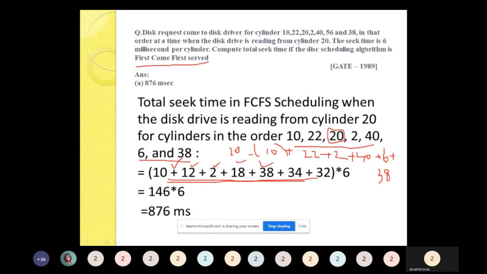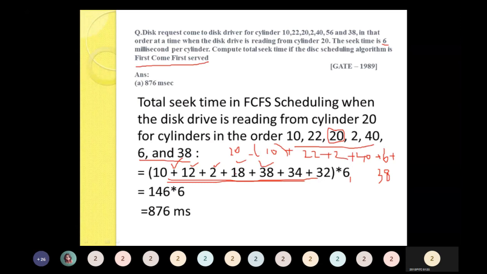Okay, but here they have given the data. Seek time is given. For one cylinder they have given 6. For every seek time we have to multiply with the entire value and get the answer. So for one cylinder they need 6 millisecond.